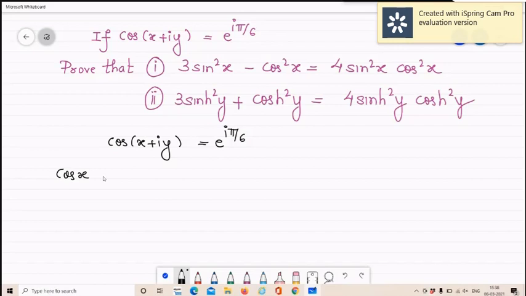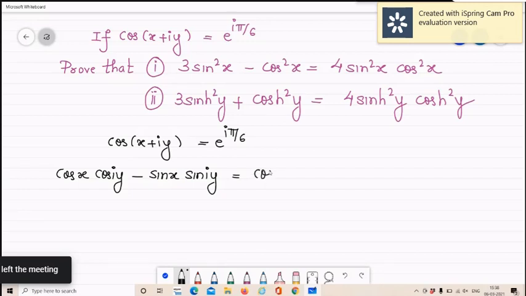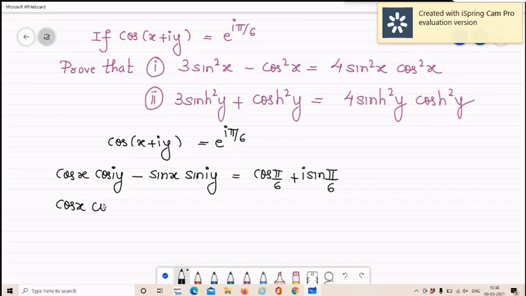So here we are going to have cos x cos of iy minus, because cos of a plus b is cos a cos b minus sin a sin b, sin x sin of iy is equal to e raised to I pi by 6, which is cos of pi by 6 plus I sin of pi by 6. Now cos x cos hyperbolic of y, minus sin x, this is I into sin hyperbolic of y.